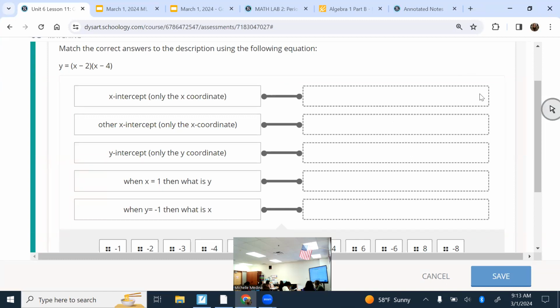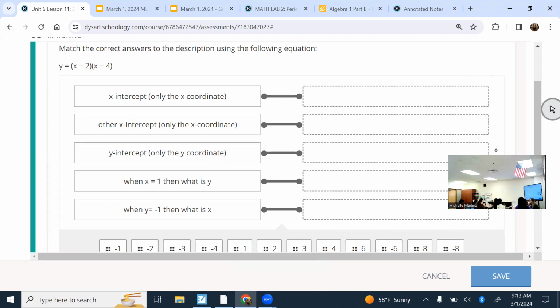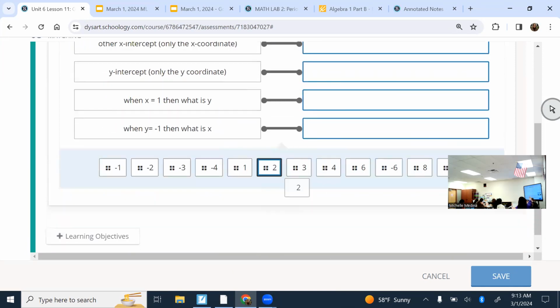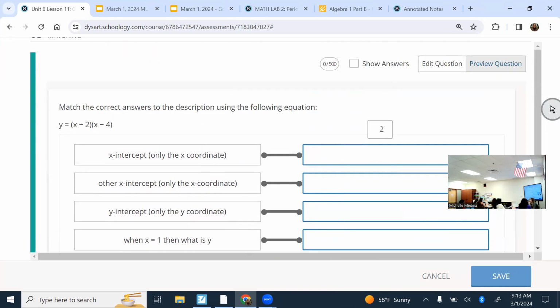So I wonder if it accepts 2 different options. But based on this factored form, what's my x-intercepts? Table 4, can you tell me? 2 and 4. I don't think it should matter which one you put first, because it didn't specify. Hold on.